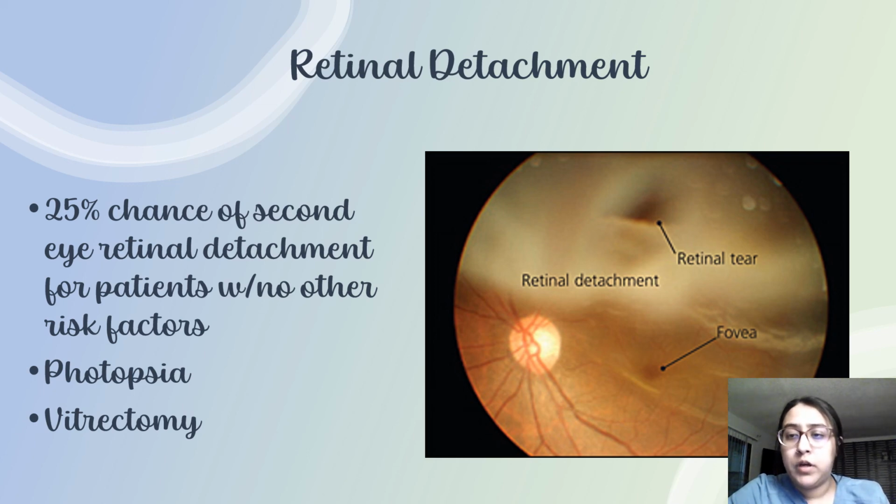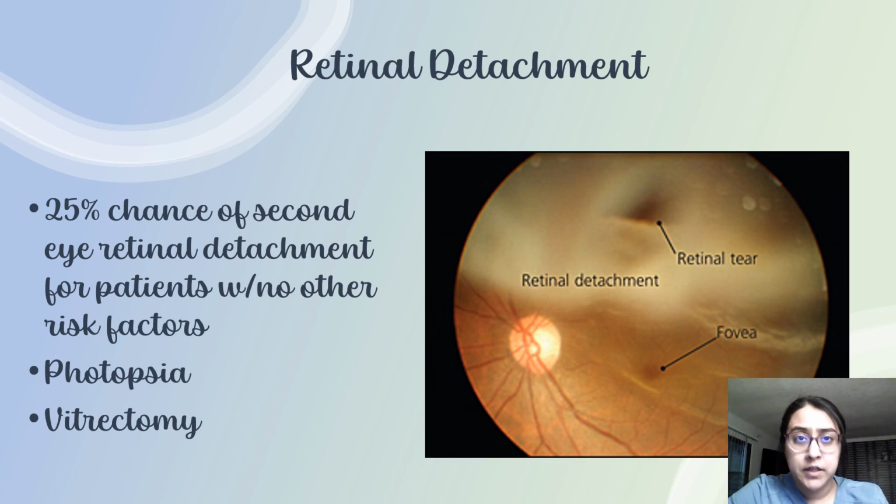A removal of the vitreous fluid, or a vitrectomy, can also help reduce the pressure on the retina. The nurse should definitely teach the patient about the signs and symptoms of retinal detachment, and they should encourage the patient to wear protective eyewear, such as sunglasses, when they're out on sunny days.